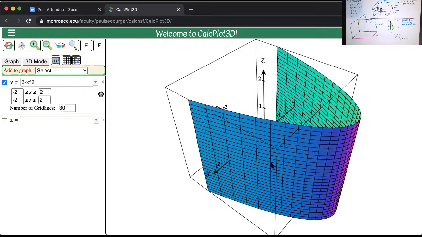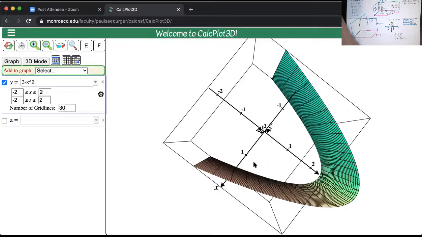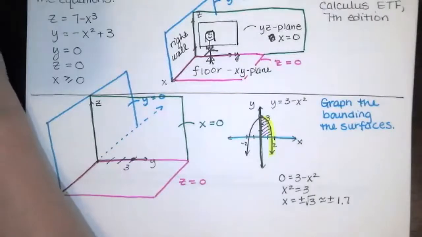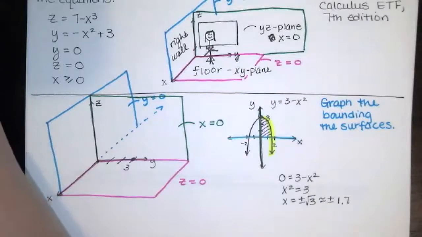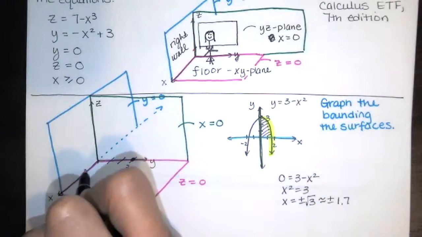Okay, so how does that translate to this picture? Well, we're going to go 3 units in the y direction, like this. And then this surface intersects the x-axis at plus or minus square root of 3. Okay. So we have to imagine this.